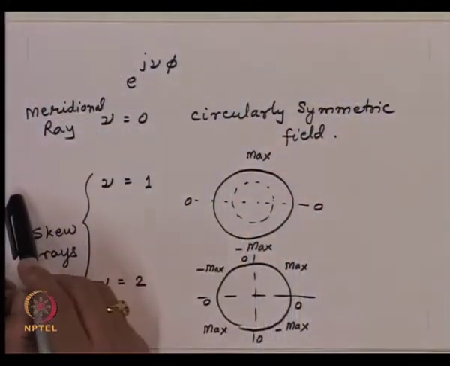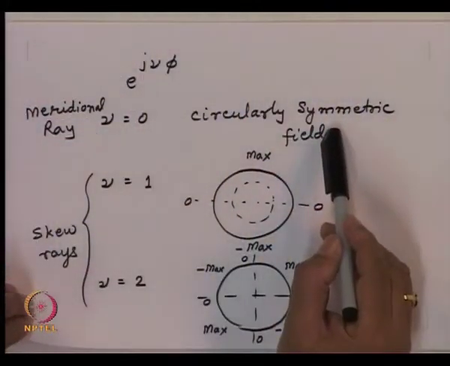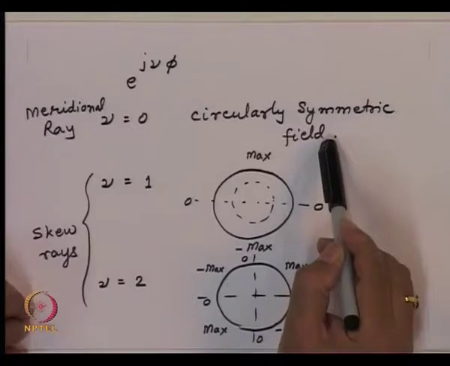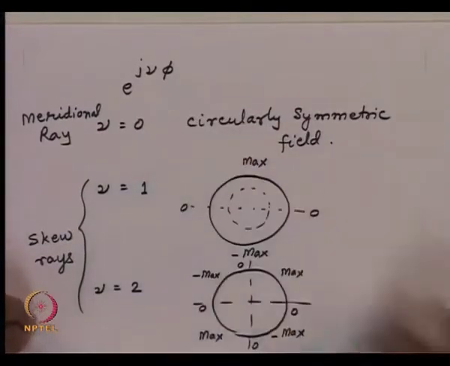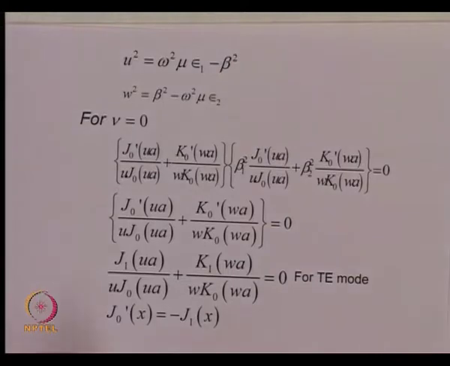Now this set of rays which correspond to nu equal to 0 are circularly symmetric and are special rays. That is the reason we want to find out what the characteristic equation would be for nu equal to 0, because they are the ones which are going to represent the meridional rays.